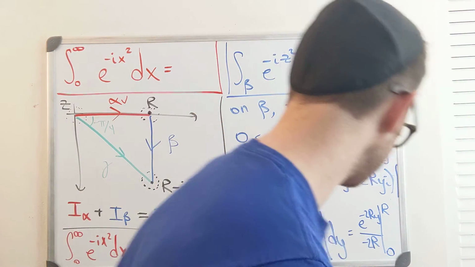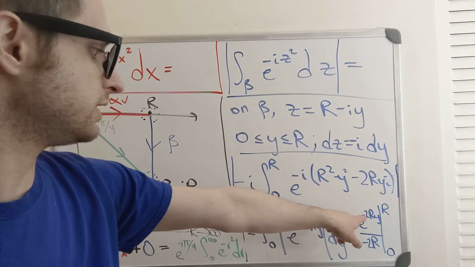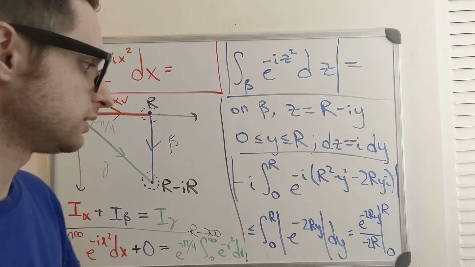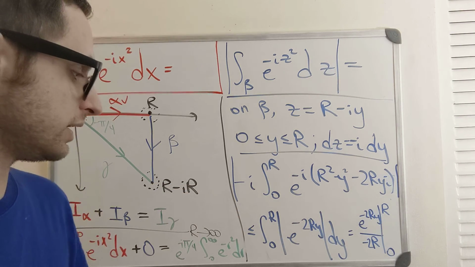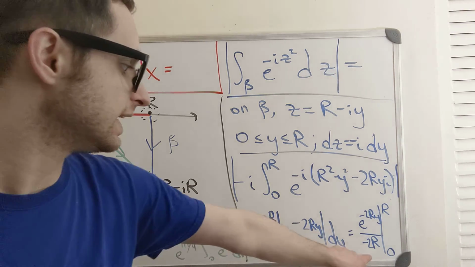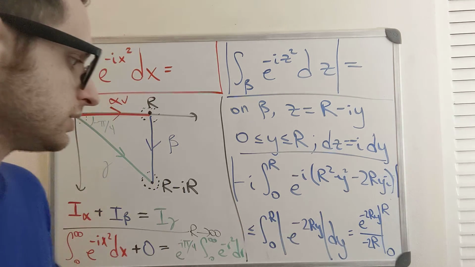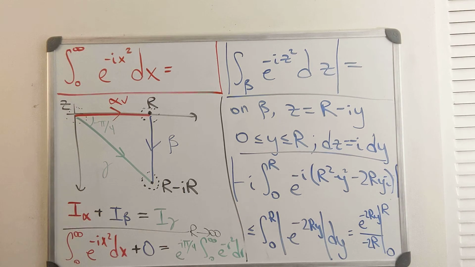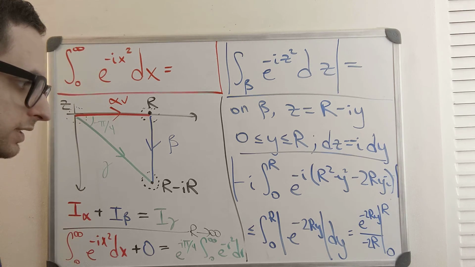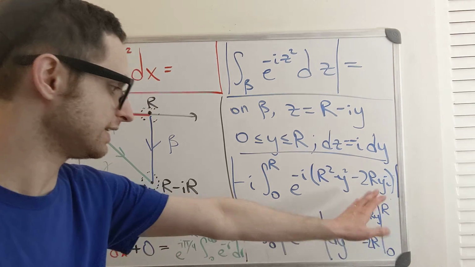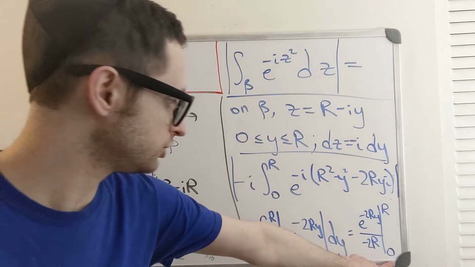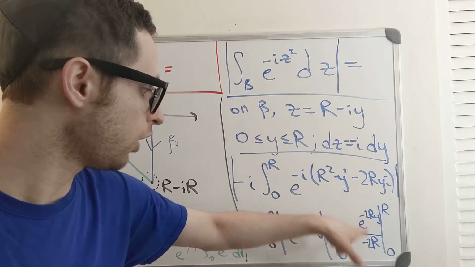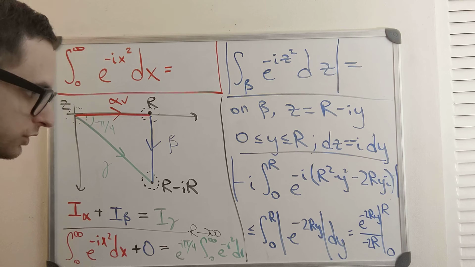When we evaluate this at y equals big R, we get e to the minus 2r squared. That's going to go to 0 very quickly as r goes to infinity. And then in the denominator, we have this minus 2r. As r goes to infinity, that denominator is going to go to infinity, making this thing even closer to 0. And then the contribution at y equals 0 is just 1 over minus 2r, which also goes to 0.